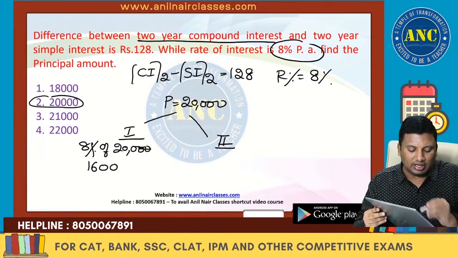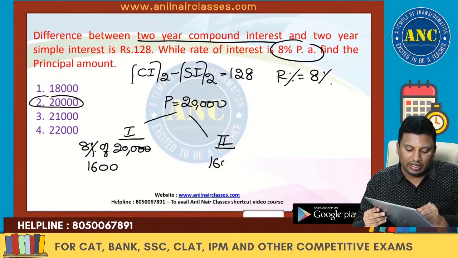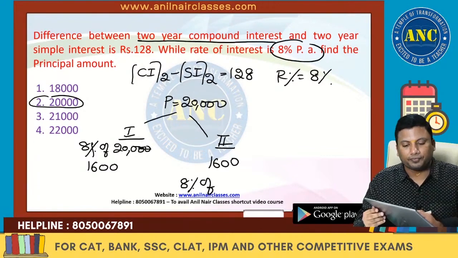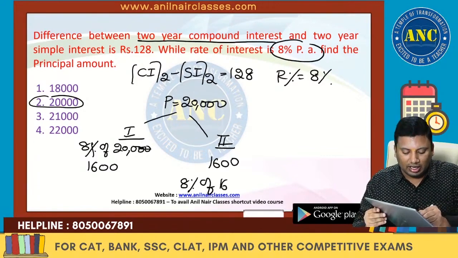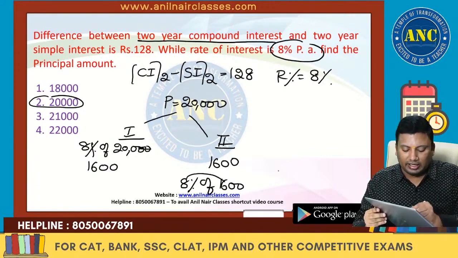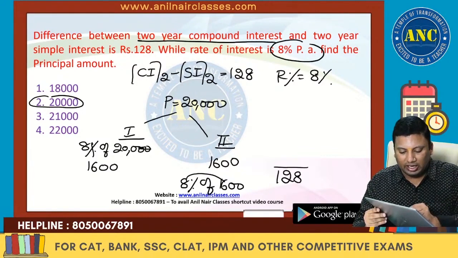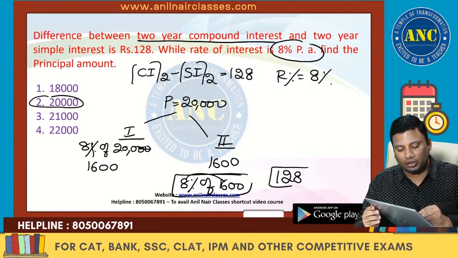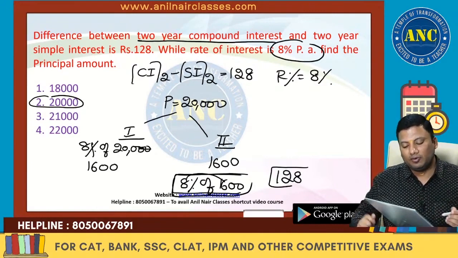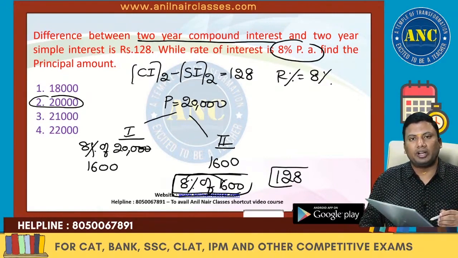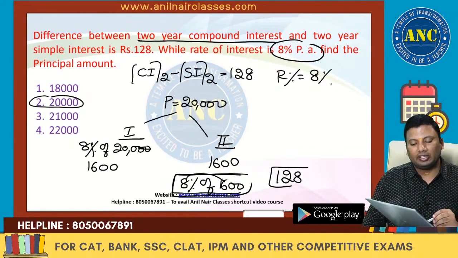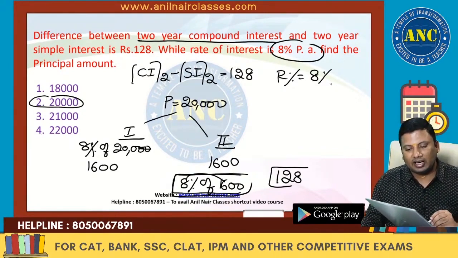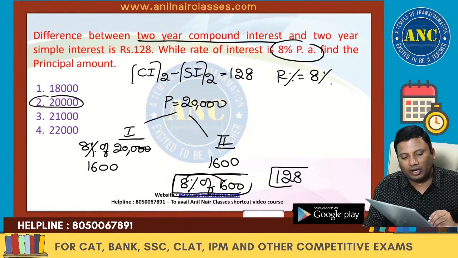This is 1600. Here also it is 1600. 8 percentage of 1600 is nothing but 8 into 16, 128. The difference between CI for 2 minus SI for 2 is nothing but 128. I hope it is clear. Idea is clear, right?